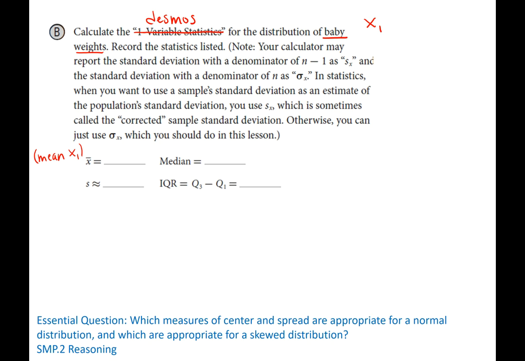All right, then for the median, we're going to type in median of X1. And then for the standard deviation, this one is S, but we're going to type in ST for standard, then DEV, deviation, and we're going to put the P for population only because what we're entering in, even though it's a sample, we want to use all the values.